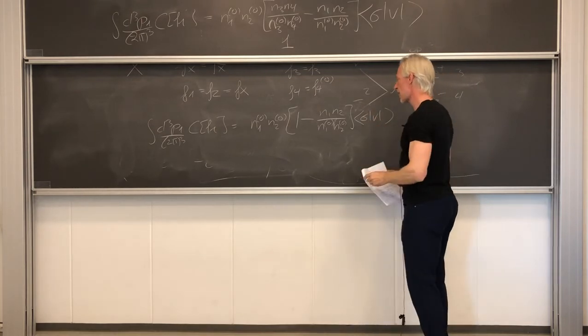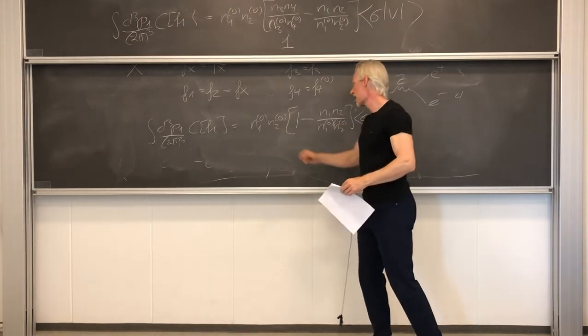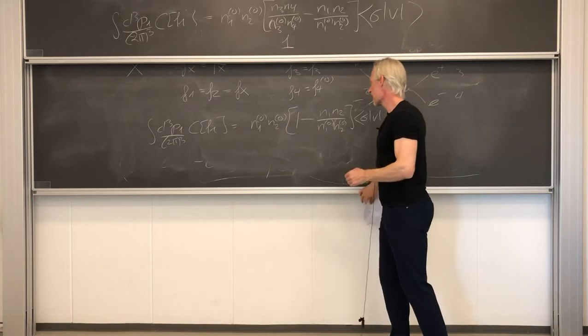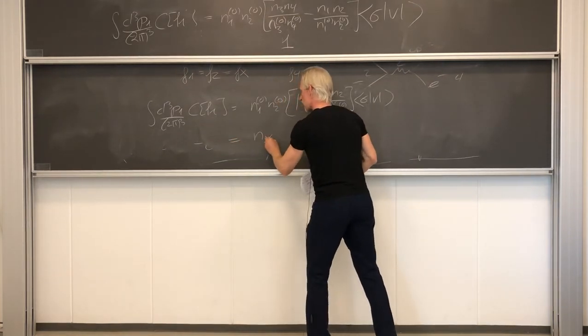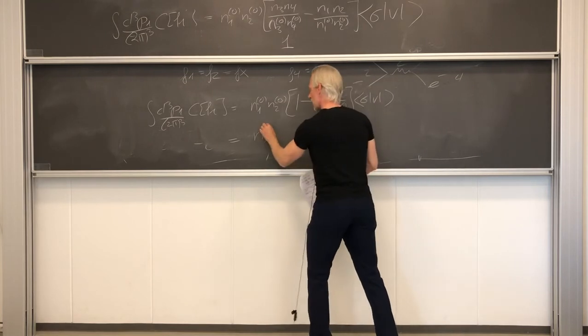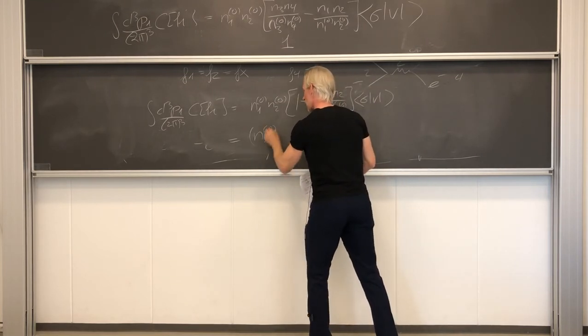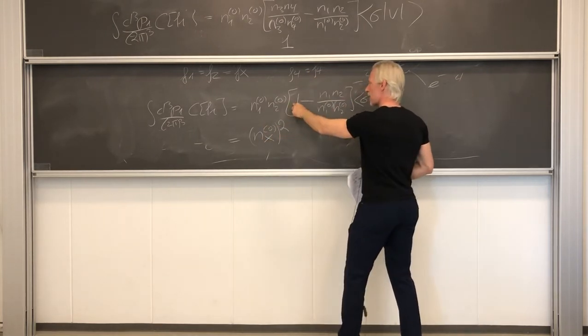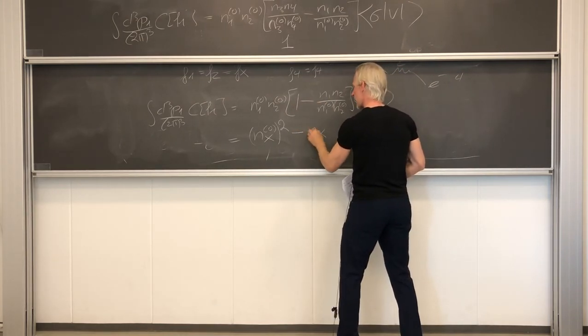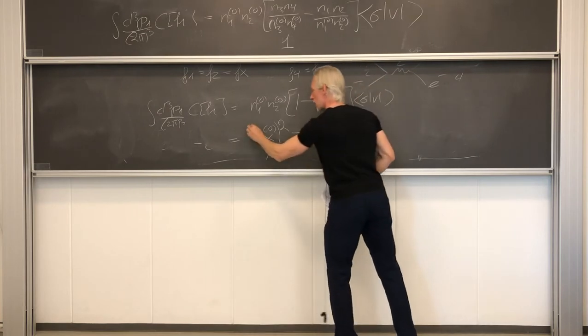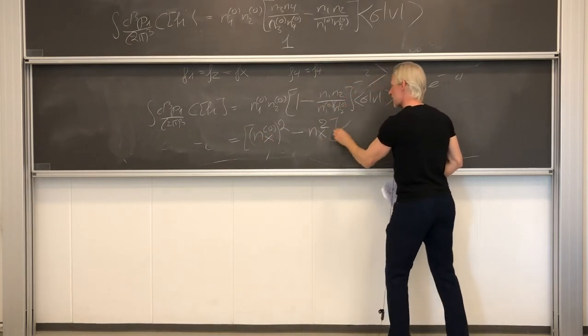And I can simplify this further because these two are identical, and that means I can write this as, let's just call it x squared, that's this term, minus n_x squared, like this.